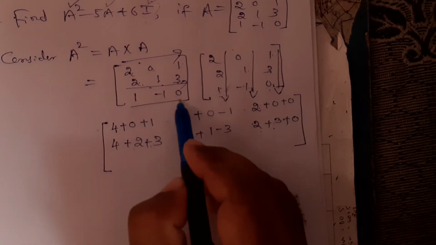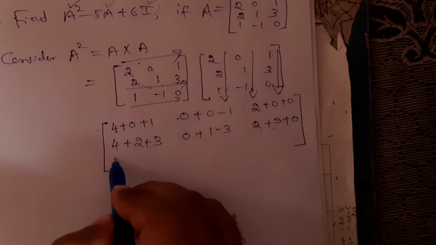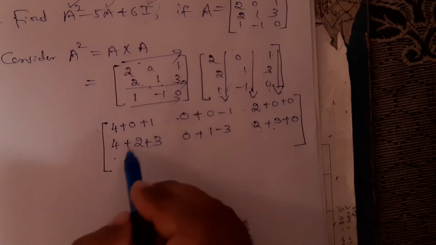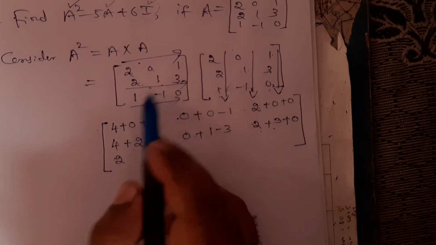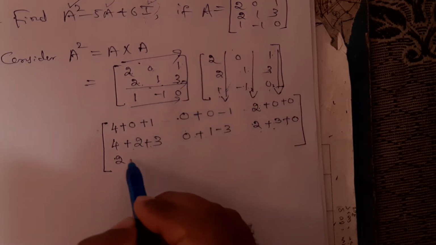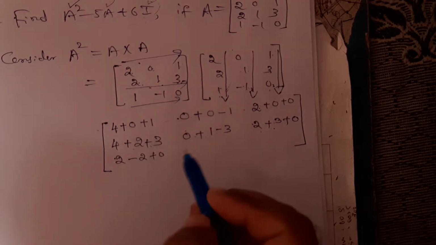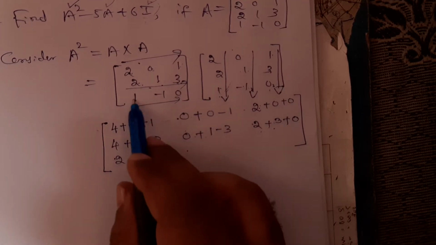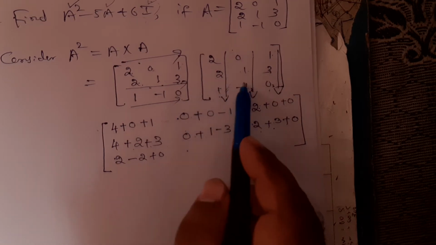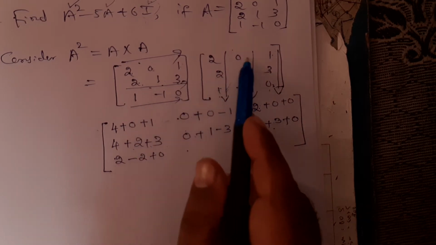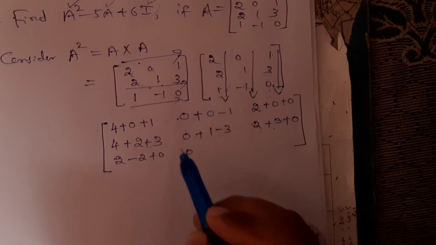Then we'll consider the last row here. We'll write the elements along with the product. 1 into 2, so 2. Then minus 1 into 2, that is minus 2. Plus 0 into 1, that will be 0. So then third row, second column: 1 into 0, 0.